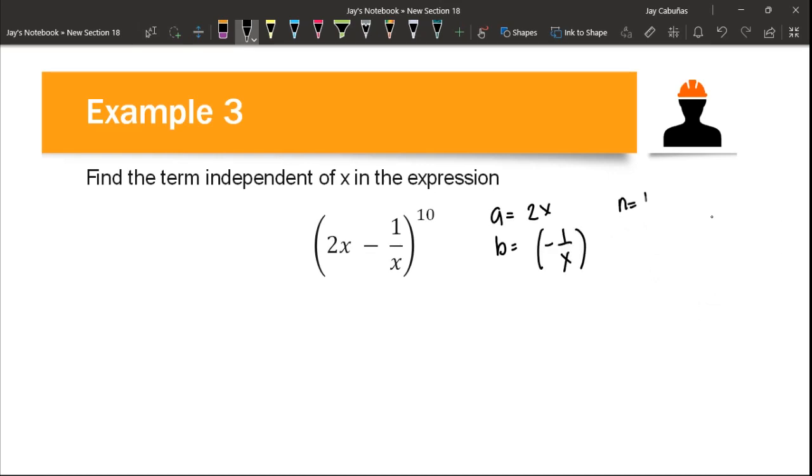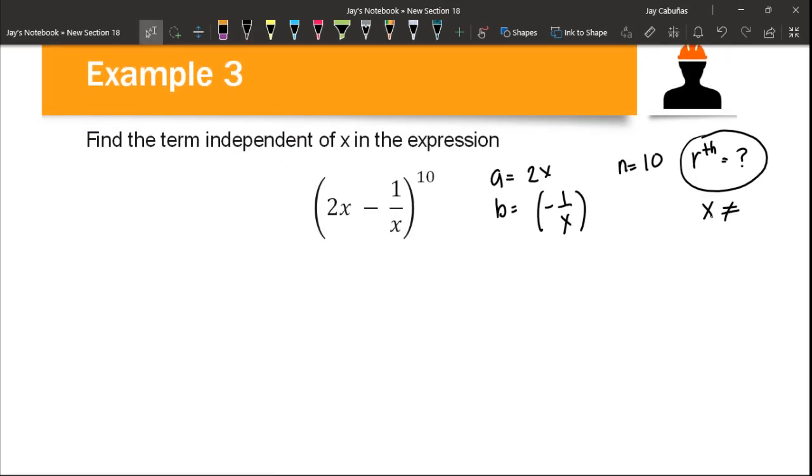Our n is 10. Since we are asked for the rth term, our unknown here is the rth term. The question asks for the rth term with no x value, that does not have this x variable. So from our general formula, we have n c k a raised to n minus k b raised to k. Our n here is of course 10. C is unknown.